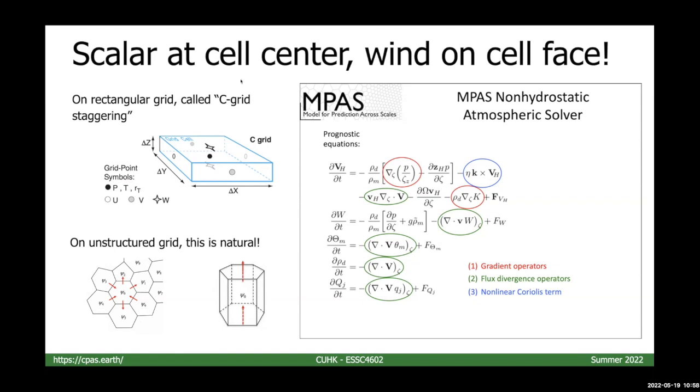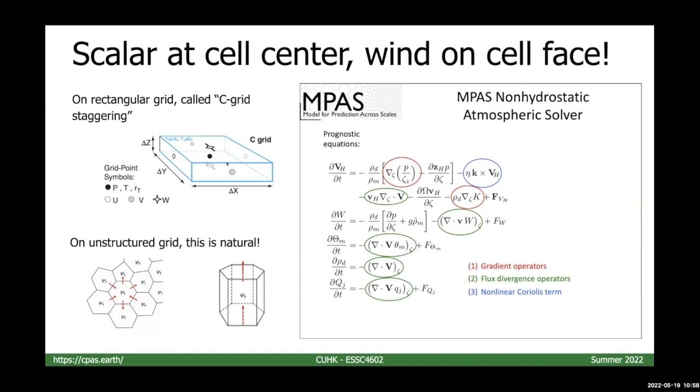But wind is actually a vector variable. So when we discretize the space in the cell, we want to put the wind on the face of the finite volume. In a rectangular grid, we often call it the C grid staggering, because there has been A grid and B grid, which put the wind vector somewhere else.